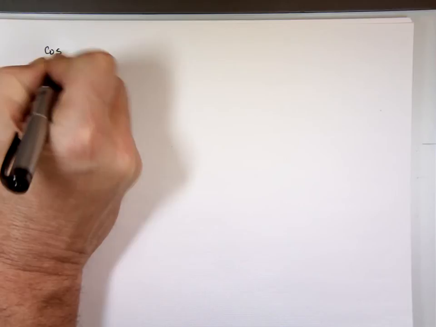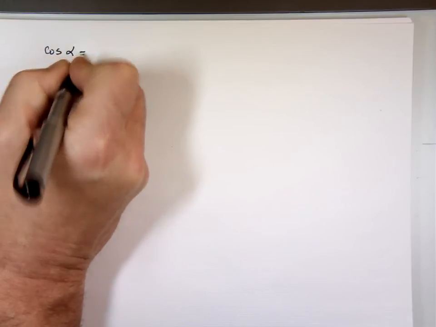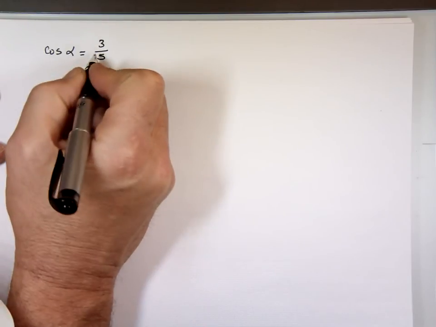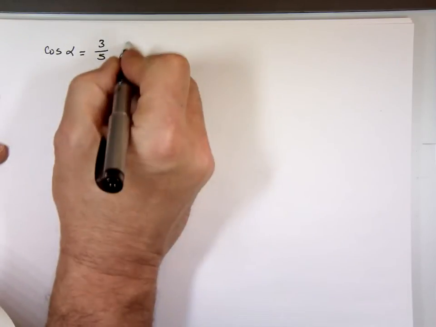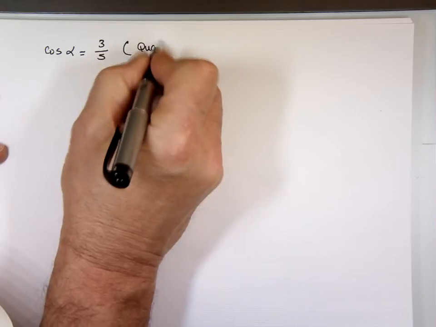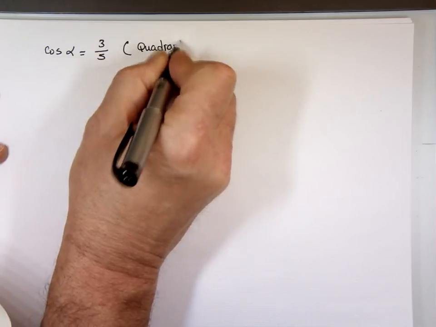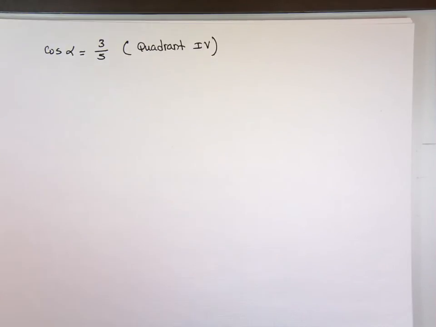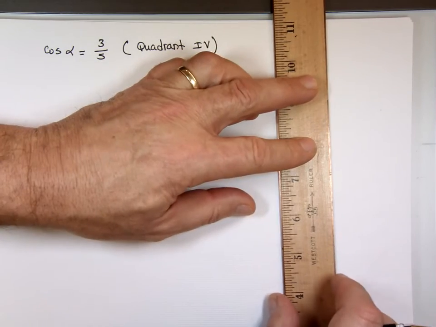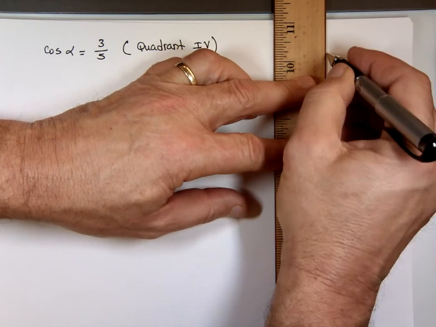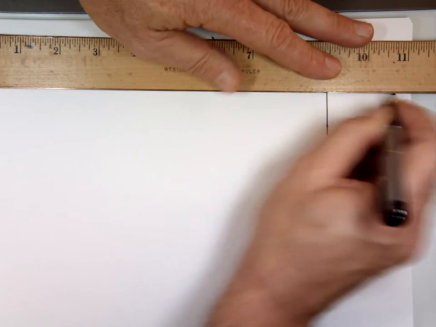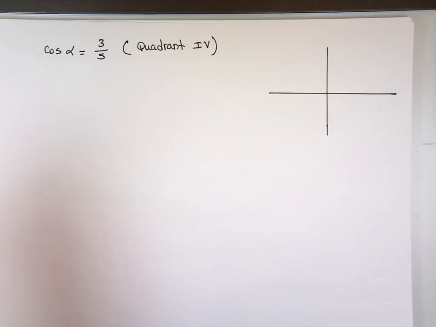Cosine alpha equals what? 3 over 5. And now we are in quadrant 4. Let's do the math here. We are in quadrant 4.